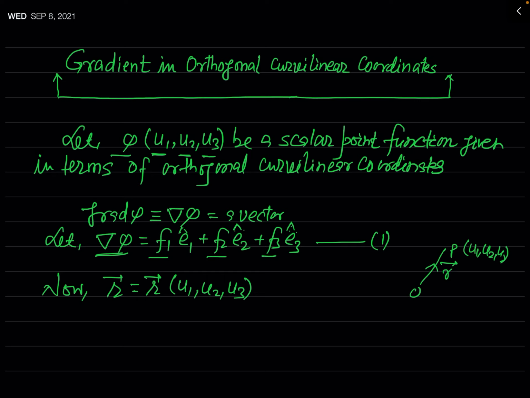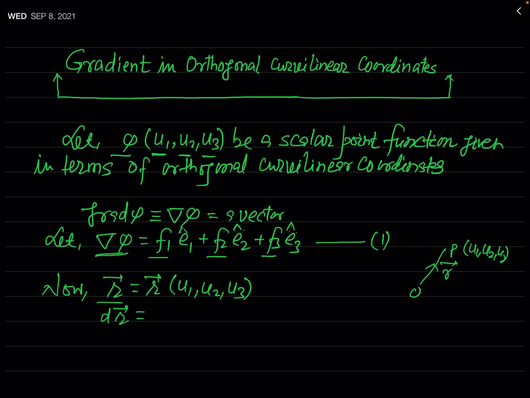Now, if we want to find the elementary change in r, that is the value of dr, since r is not a function of only one variable but a function of three independent variables, u1, u2 and u3, we must follow the rules of partial differentiation. We have studied these things several times during your course in mathematical physics. So what will be this dr?